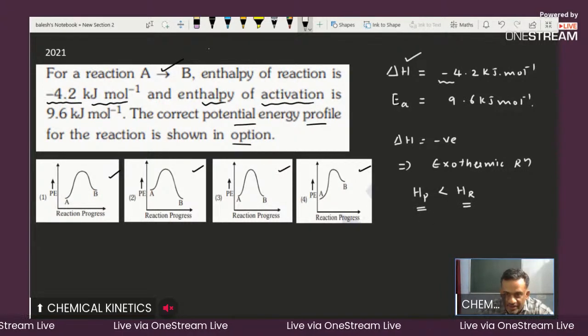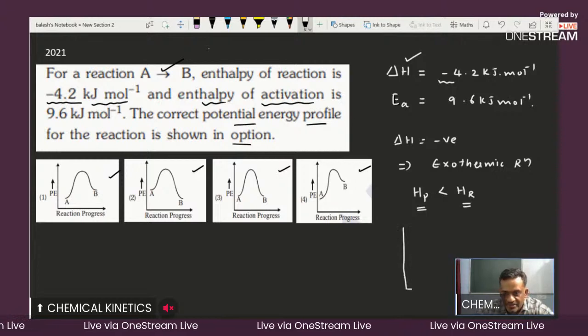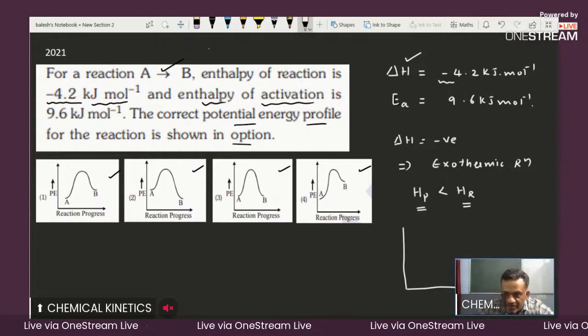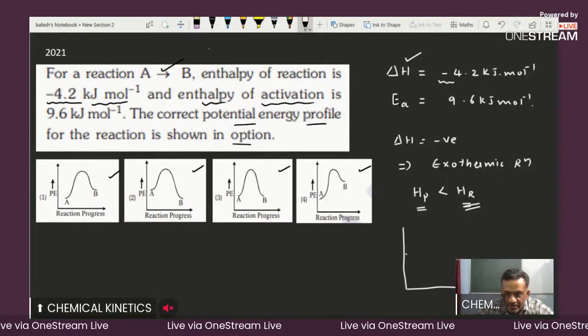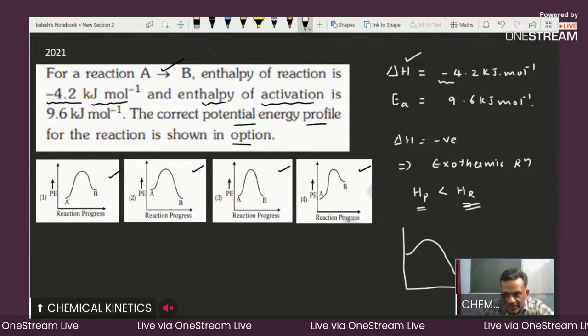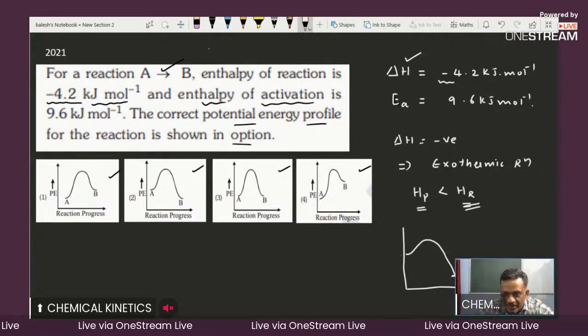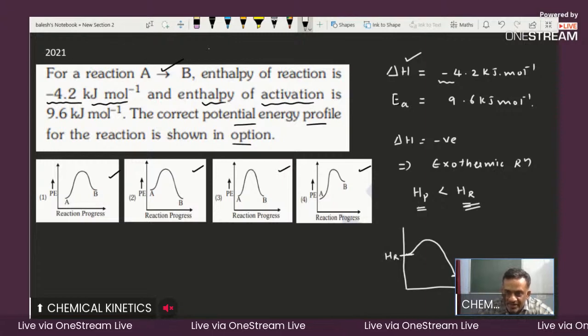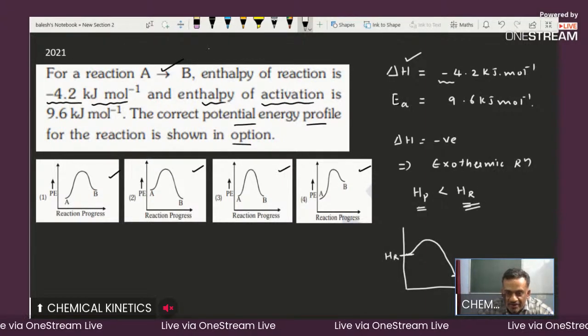So going by the graph, if we start with reactants, the reactants whose energy is going to be high and product whose energy is going to be less. So this point indicates that this is the enthalpy of product and this is enthalpy of reactants, because product is less, enthalpy of reactant is high.